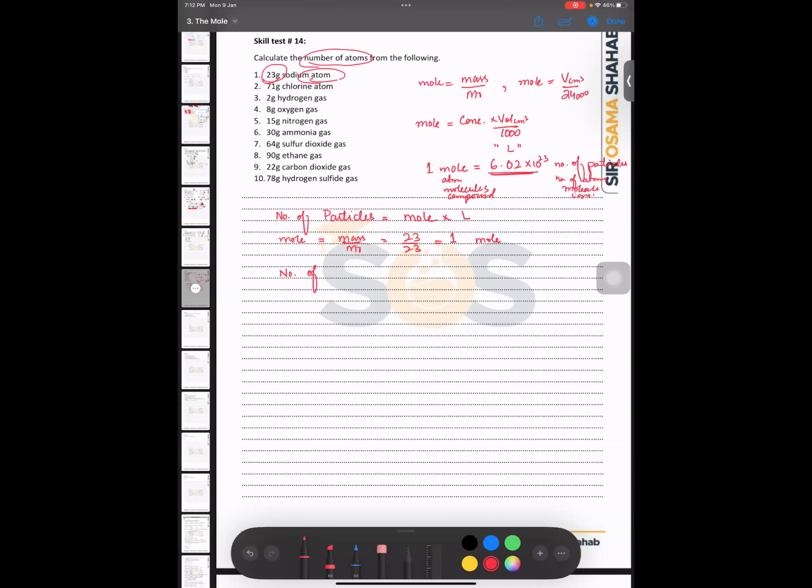Right now we have atoms, so number of atoms will be moles into Avogadro constant, and the mole is right now 1, and the Avogadro constant is always 6.02 × 10^23. So in 1 mole of sodium, we always have 6.02 × 10^23 number of atoms.